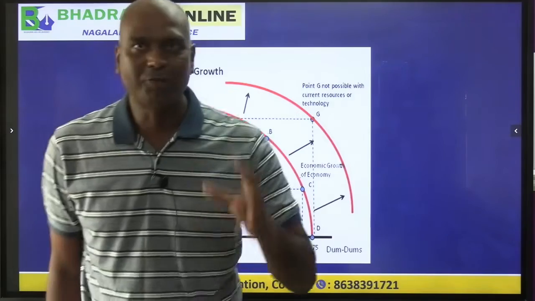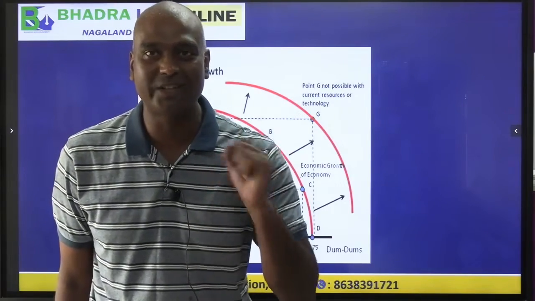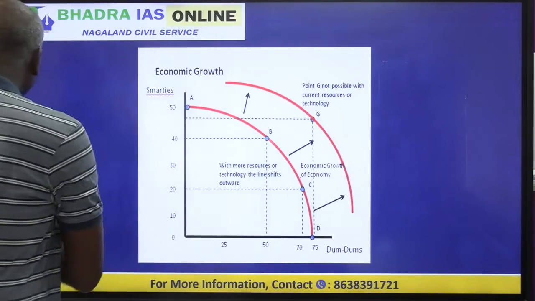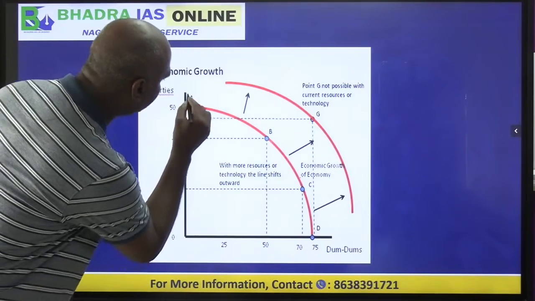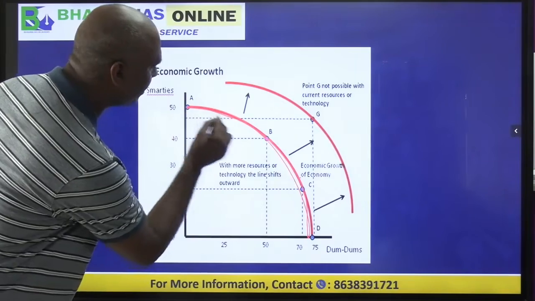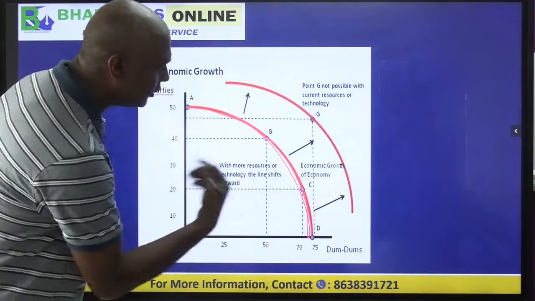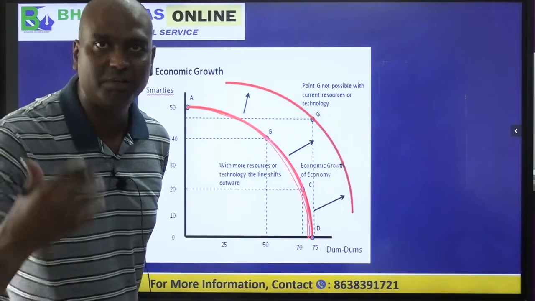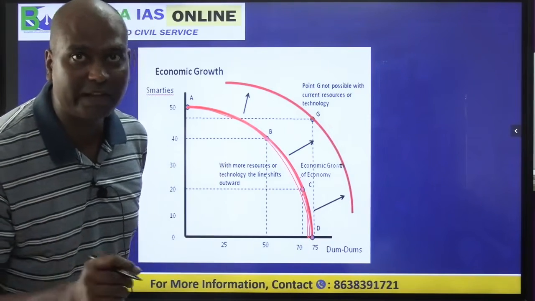Now let's look at another related concept. What is the meaning of economic growth? What is the meaning of potential GDP? So let's have a look at it here. What do you mean by economic growth? If you see here, this level is our current capacity, how much we are able to produce. But if we use the resources, land, labor, capital, technology, a little more, with better use and better technology, then what will happen?